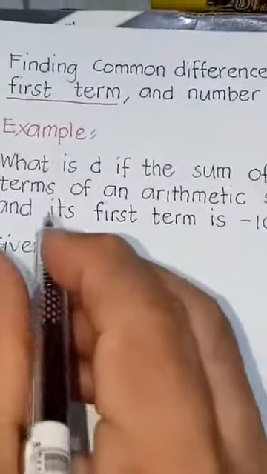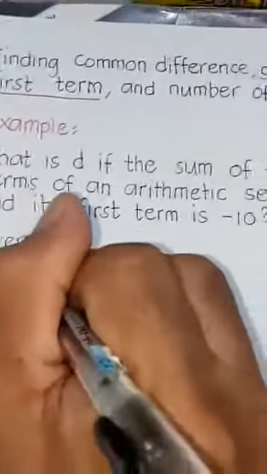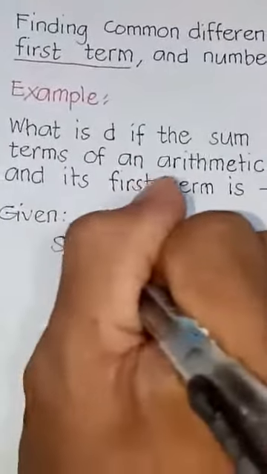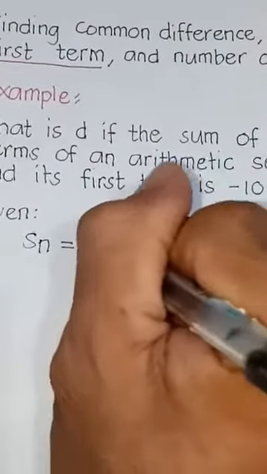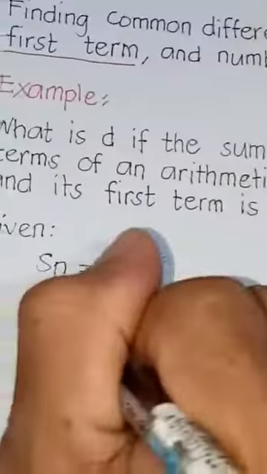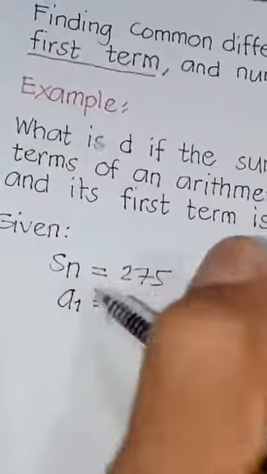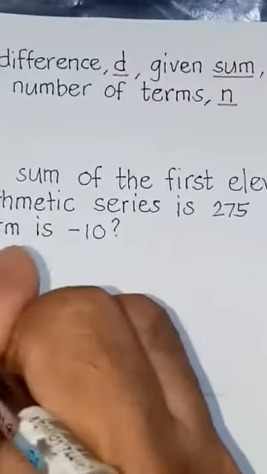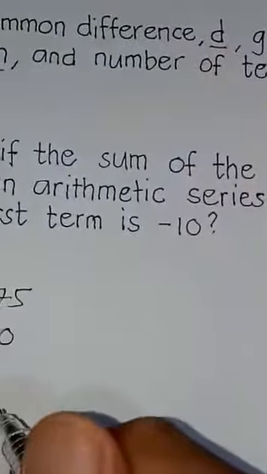So from the problem, the sum of the arithmetic sequence is given, that is equal to 275, and the first term is also given, a sub 1 is equal to negative 10.